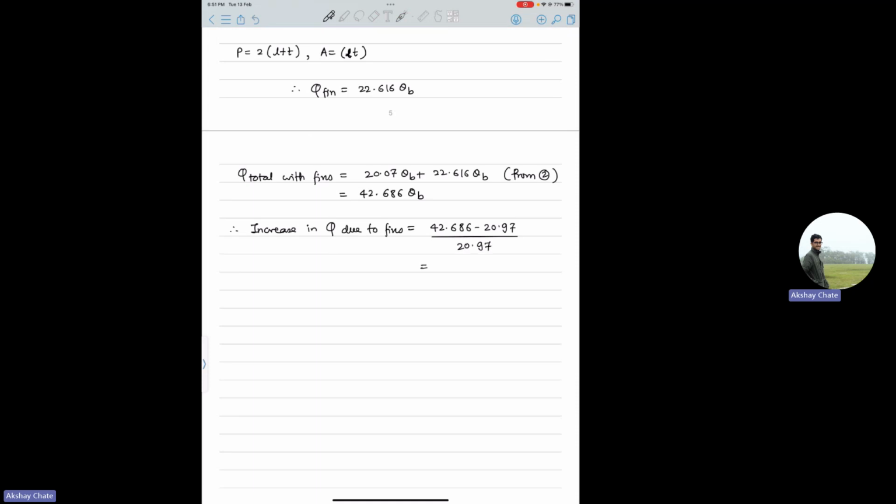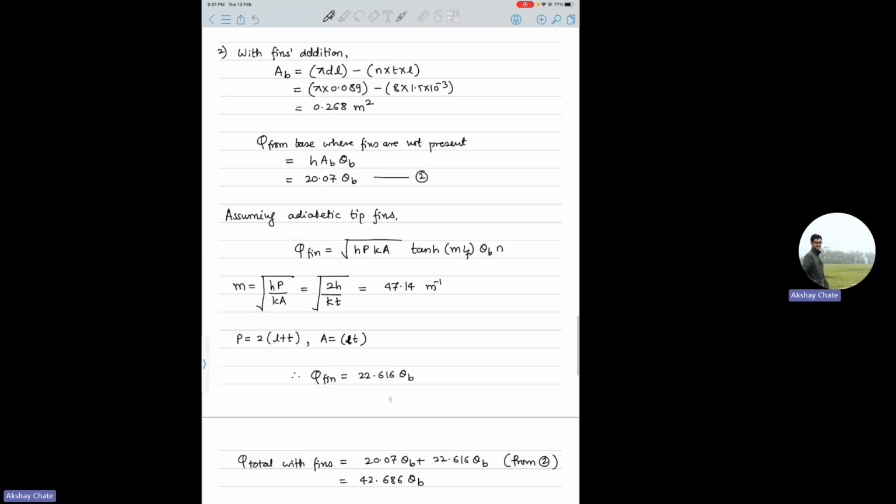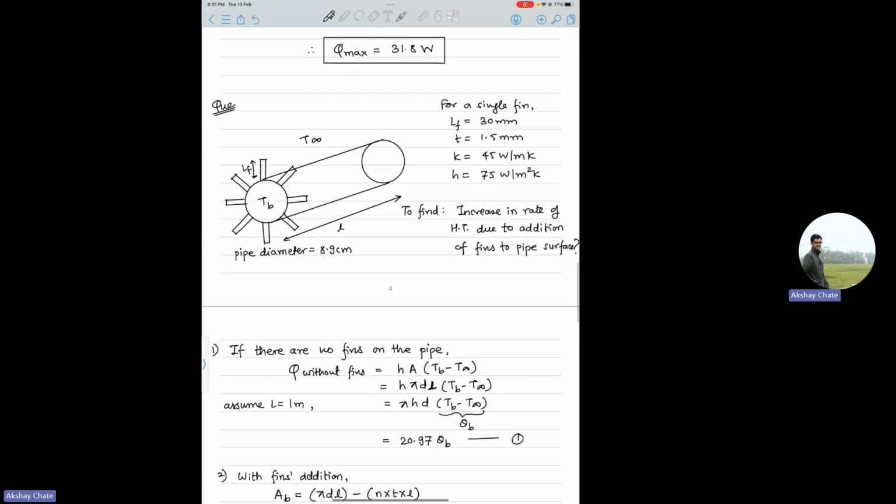So that is 103.56%. So basically, almost double with the addition of only 8 annular fins. This is your answer.